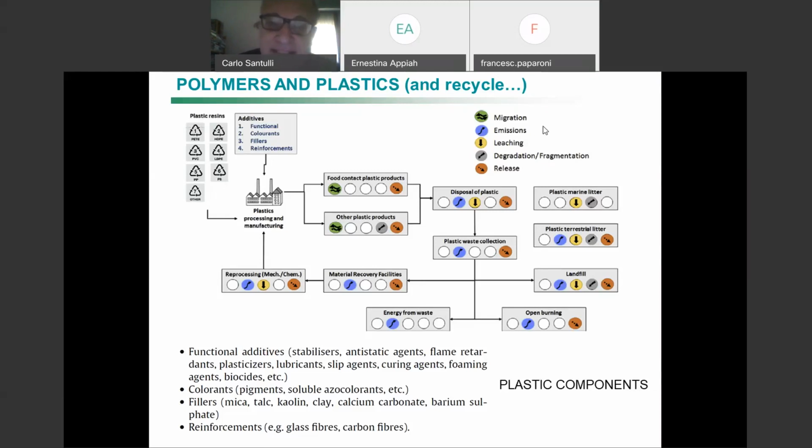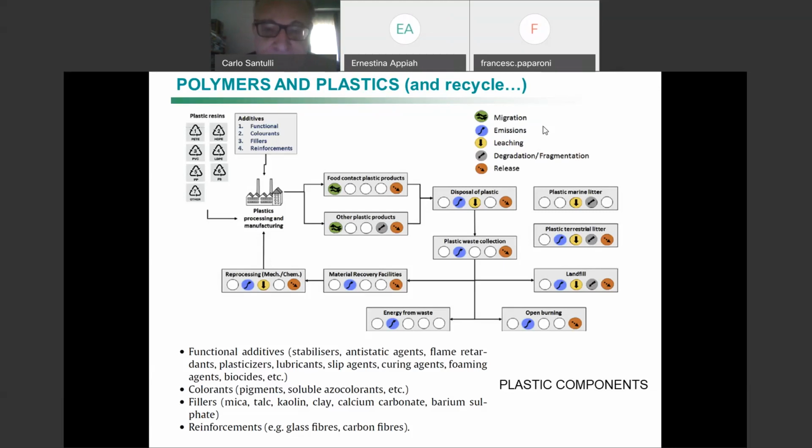There are some classes of chemicals which need to be added, like the functional additives, which have a number of different properties, including, for example, plasticizers. It is important to remember that plastic behavior can be enhanced by adding some other chemicals.